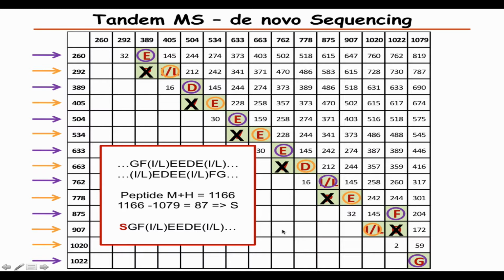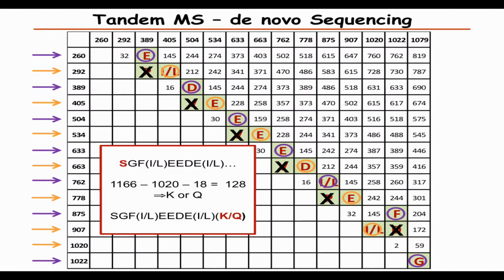Then that's how it works for the B ions, but for the Y ions you have to add water also, like this. So that's why we know that.